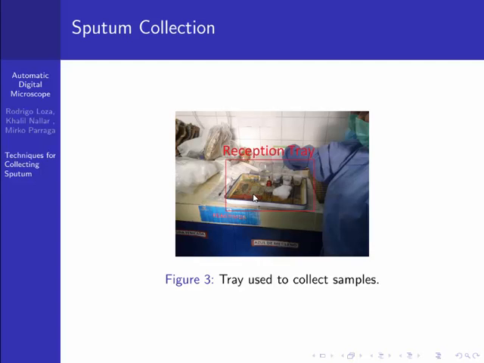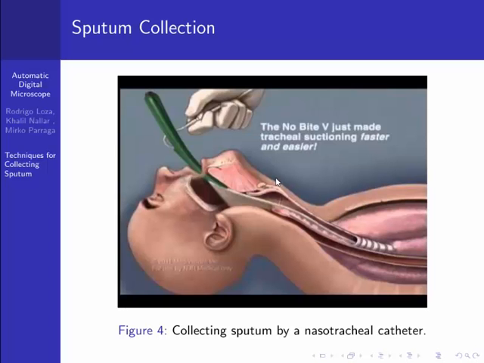But this is not very safe, because if you have a lot of samples over this tray, a lot of accidents may occur. As this is the main TB diagnostic laboratory, they have equipment, so they are wearing masks and gloves. But in rural areas, they only use masks sometimes because they don't have the equipment. That was the first way to extract sputum.